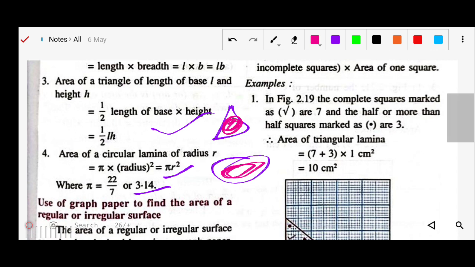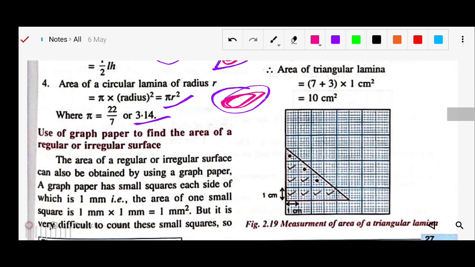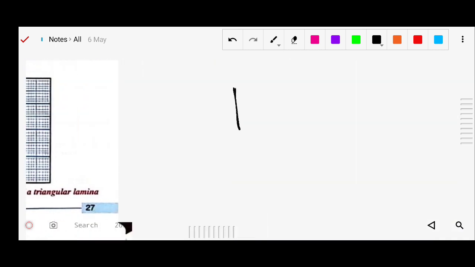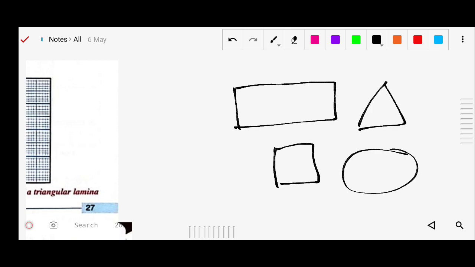Next we have the use of graph paper to find the area of regular or irregular surfaces. Generally by formula we find the area of regular shapes, which are known shapes, like a rectangle, a square, a triangle, a circle, right?